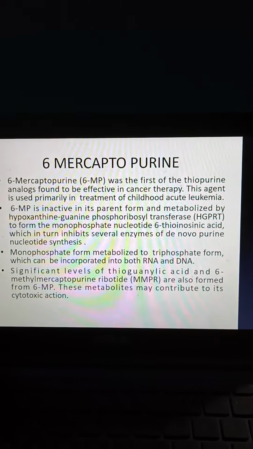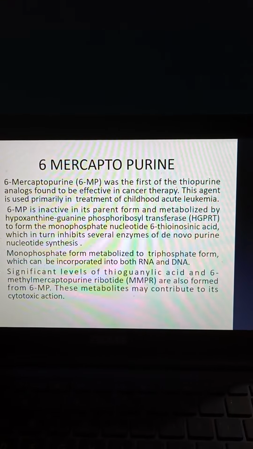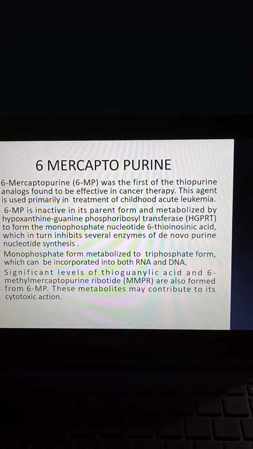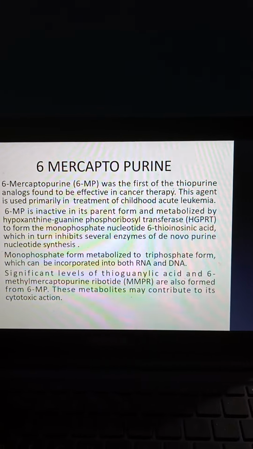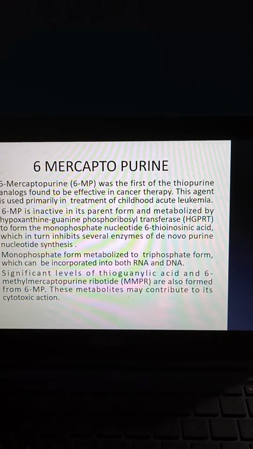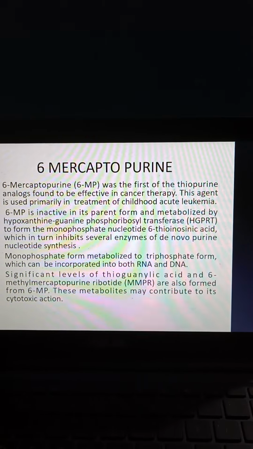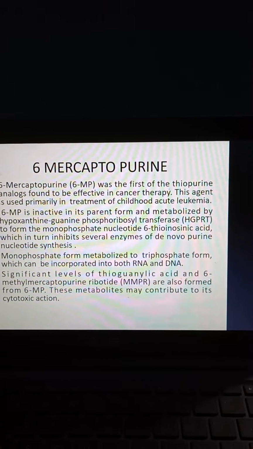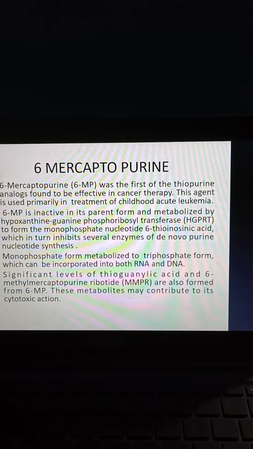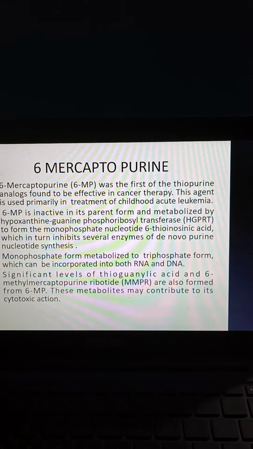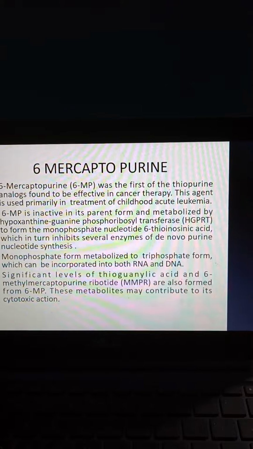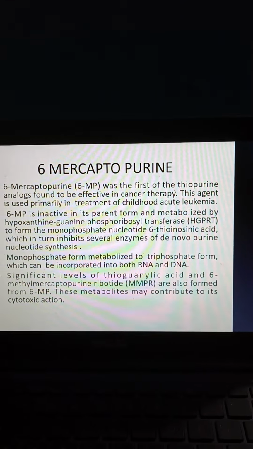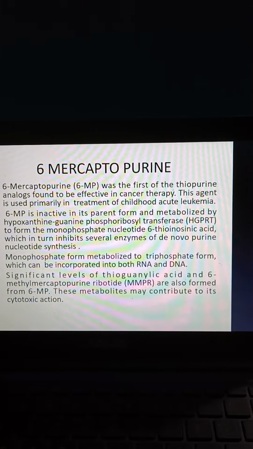Then coming to 6-mercaptopurine. 6-mercaptopurine, 6-MP, was the first of the thiopurine analogs found to be effective in cancer therapy. This agent is used primarily in the treatment of childhood acute leukemia. 6-MP is inactive in its parent form and is metabolized by hypoxanthine guanine phosphoribosyl transferase, HGPRT, to form the monophosphate nucleotide 6-thioinosinic acid, which in turn inhibits several enzymes of de novo purine nucleotide synthesis.